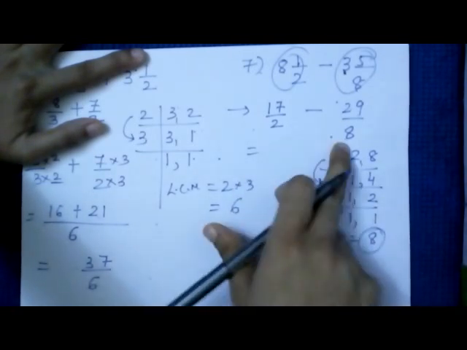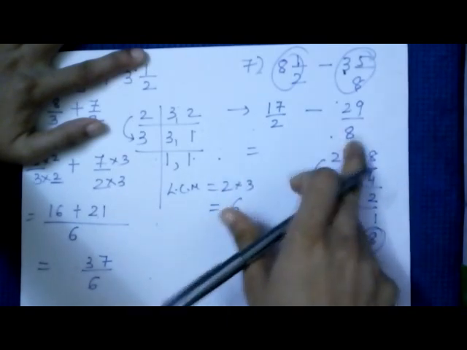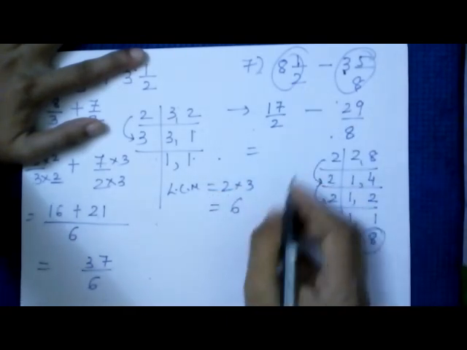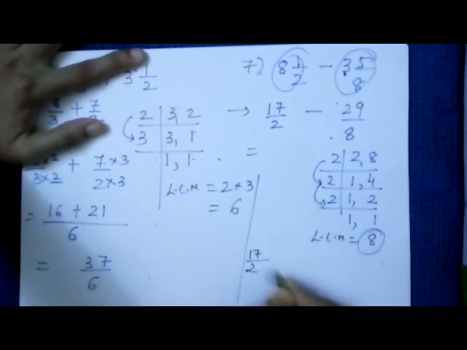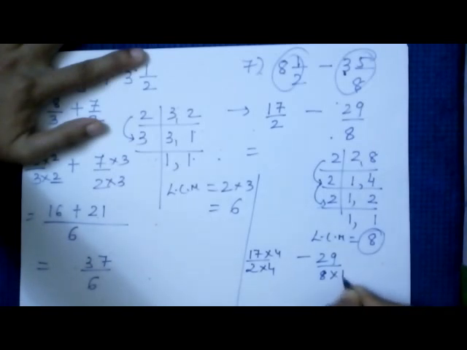So what should be the denominator? It should be 8. The first fraction is 17 upon 2. 2 times how many is 8? 2 fours. So the first fraction we will multiply by 4. The second fraction is 29 upon 8. 8 is already there, so no need to multiply, or you can write it into 1. So 17 times 4, that you need to multiply, minus 29 times 1, which you know is 29.